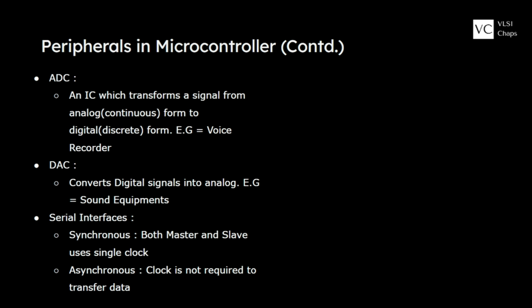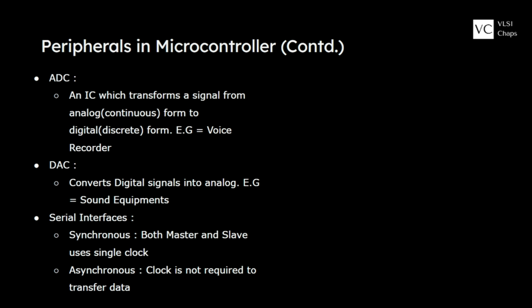The example is a voice recorder, where we give input as an analog signal or human readable signal, and the output is in discrete form, which the processor handles. If we talk about digital to analog, then the opposite mechanism is performed. Here, the digital signal will be converted into the human readable or analog form.